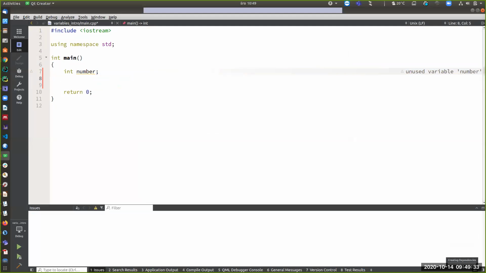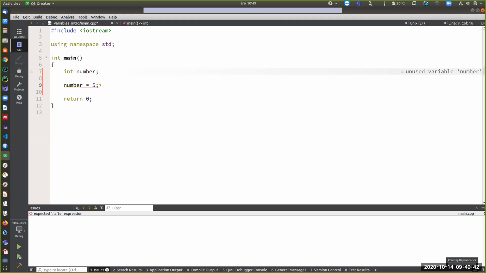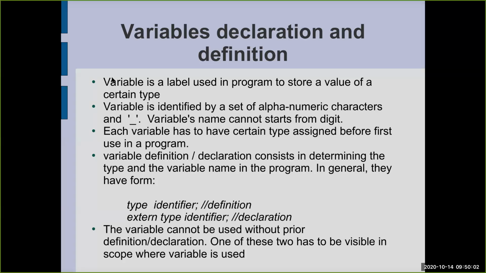Then I can use this variable, so I can write number is equal to 5, or number is equal to 5 times 7, and so on. In my code, I can refer to this variable provided that it was defined.